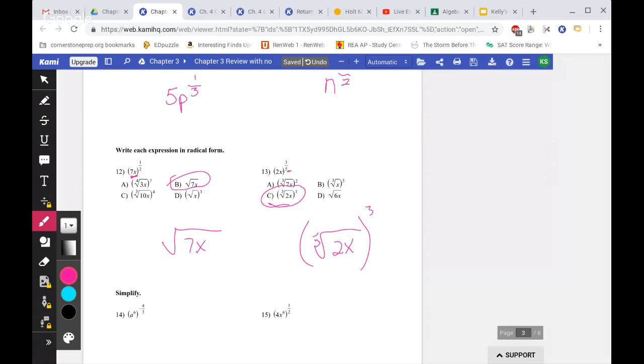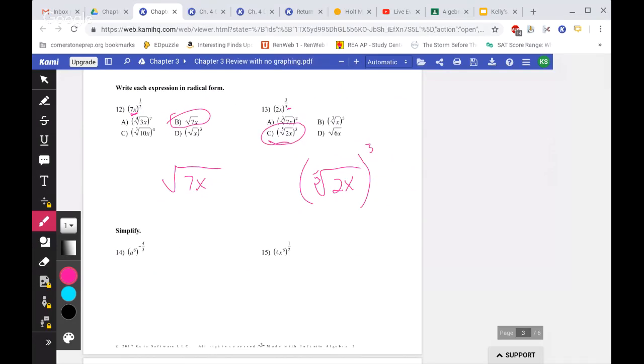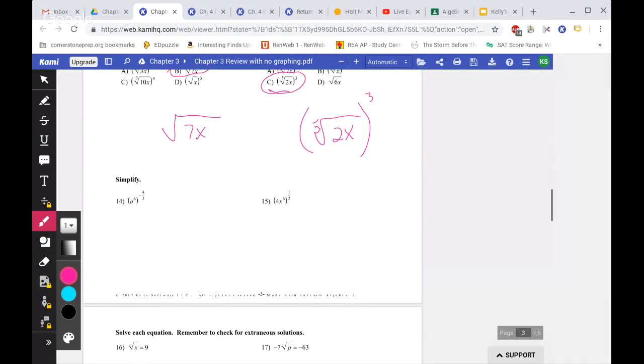So the denominator is the check mark, and the numerator is the power that your answer is raised to, essentially. Okay, simplify these. When you have a power raised to a power, you're multiplying.